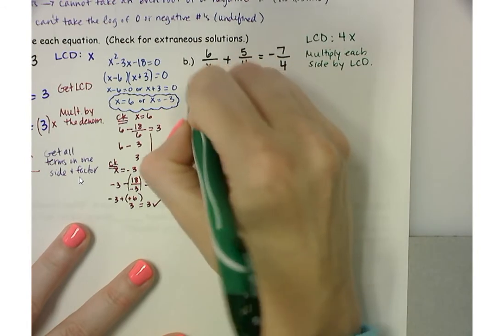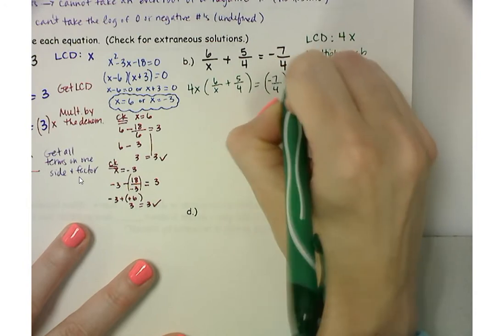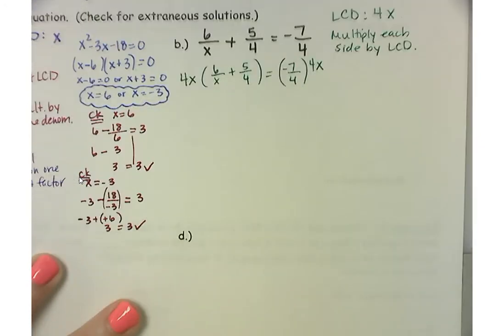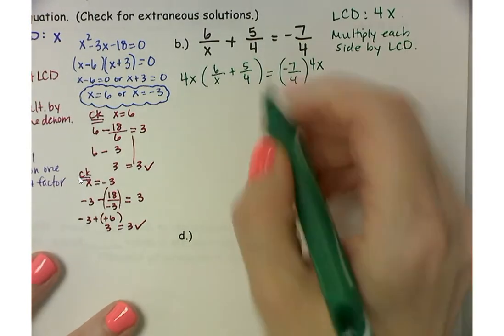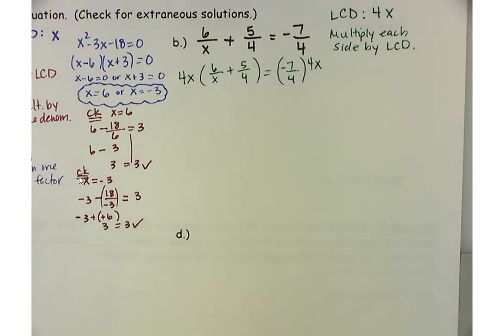When you multiply, because this is plus, you are going to multiply 4x times 6 over x, and you're going to multiply 4x times 5 over 4. So you do have to distribute.